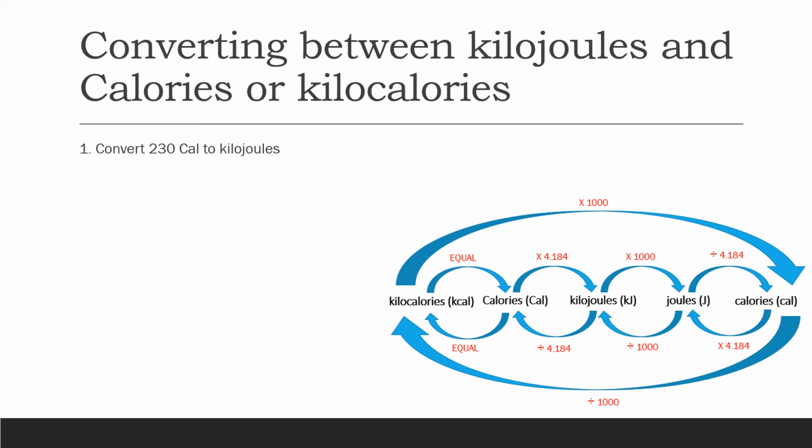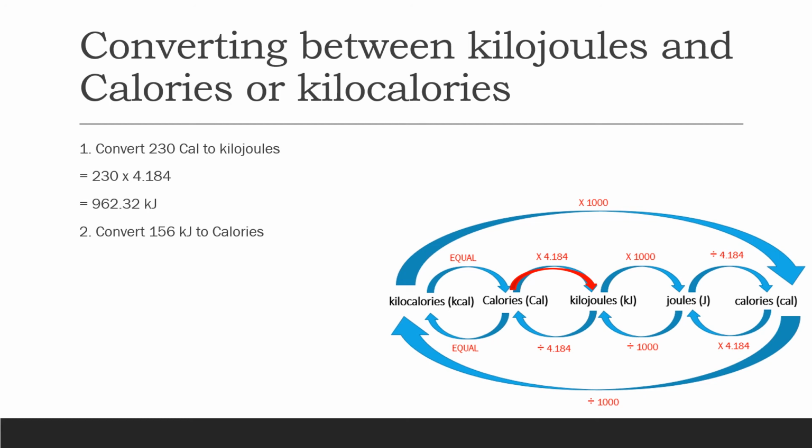So if we have a look at our diagram, we're going to go from Calories with the capital C to kilojoules, and to get there, the diagram tells us we have to multiply by 4.184. So 230 times 4.184 equals 962.32 kilojoules.